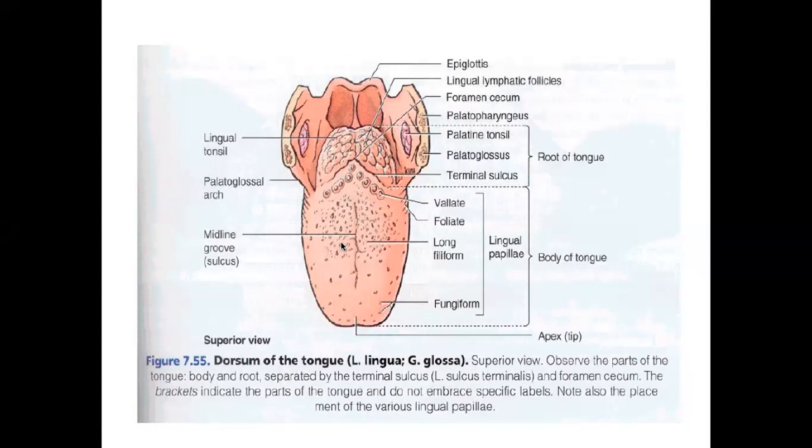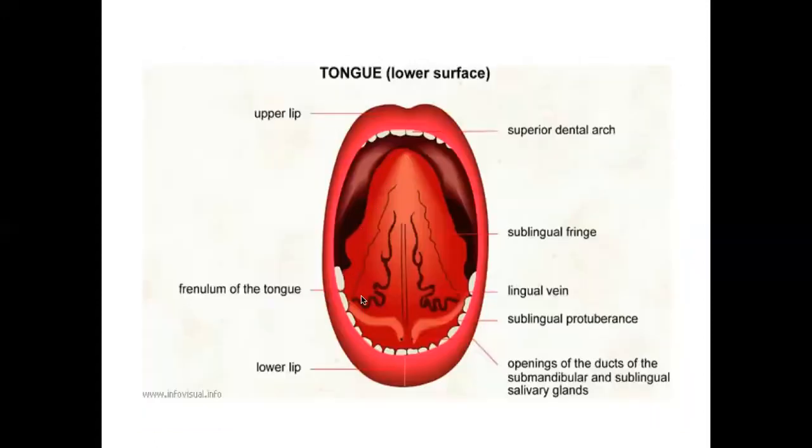Now let's see the lower surface, or the ventral surface of the tongue. On the ventral surface there is a frenulum of the tongue. When we lift our tongue, we can see a small mucosal fold attached to the floor of the oral cavity below the tongue. That is called the frenulum of the tongue.